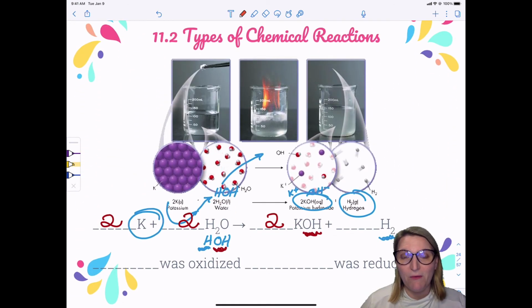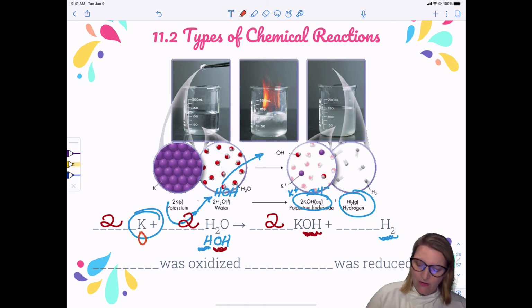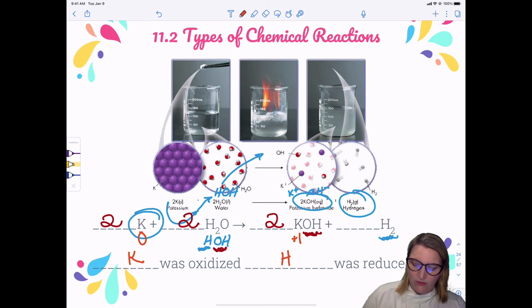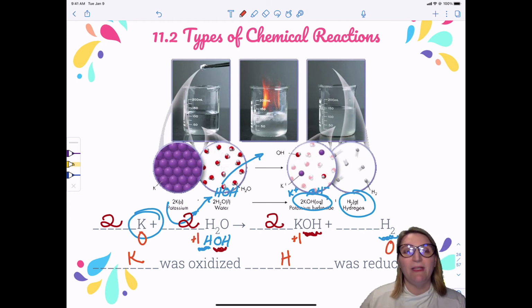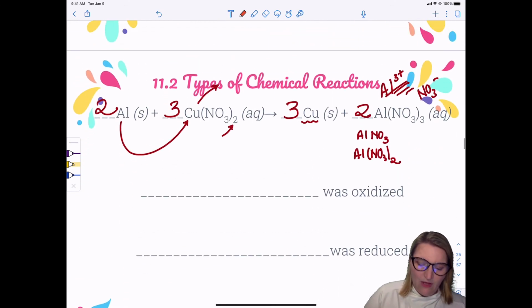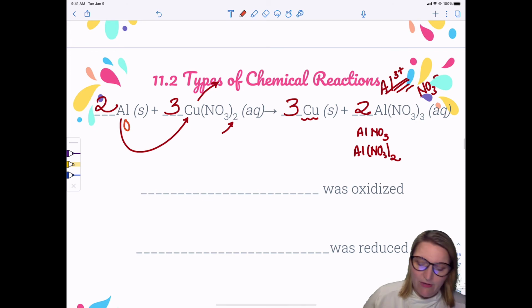Here's the other example. We saw this already with potassium. Potassium goes from being neutral to being +1, which means it must have lost electrons, which means potassium was oxidized and hydrogen was reduced. It goes from being +1 to being 0, so it must have gained an electron. Aluminum starts out as 0, ends as 3 plus.